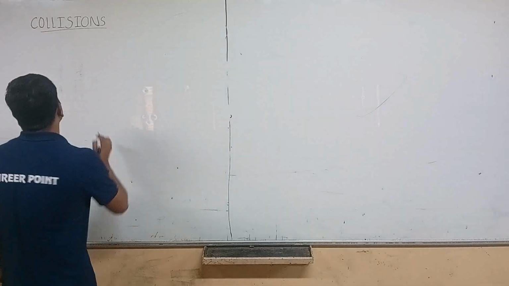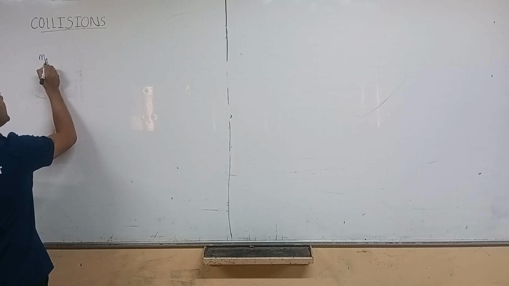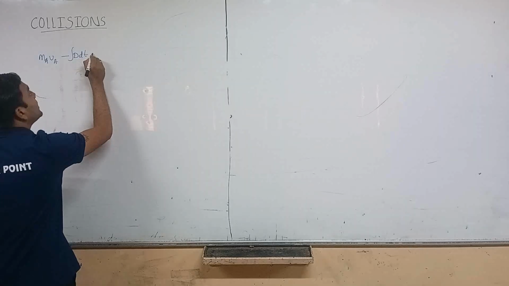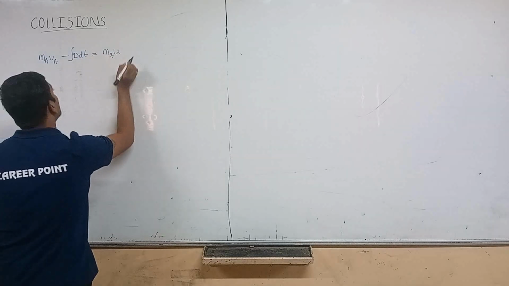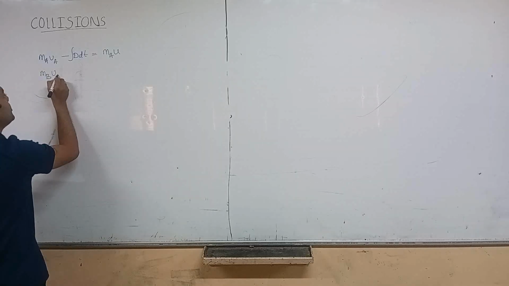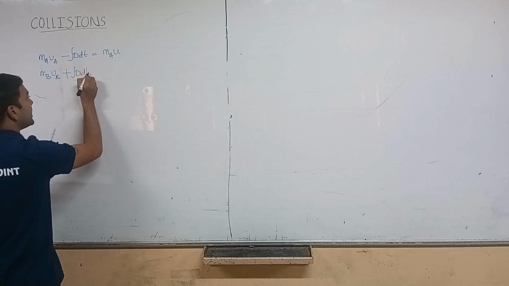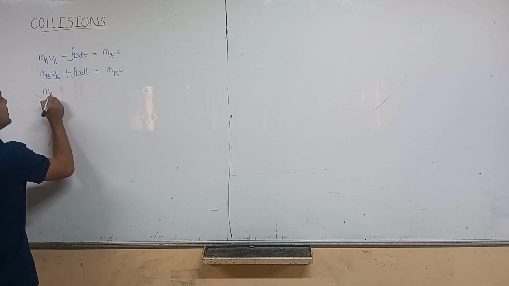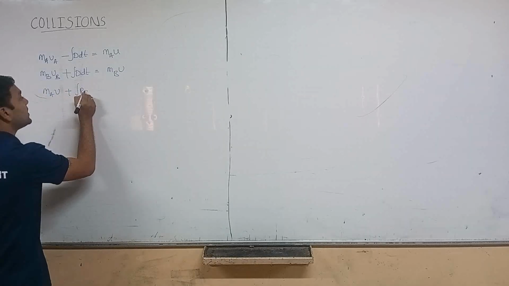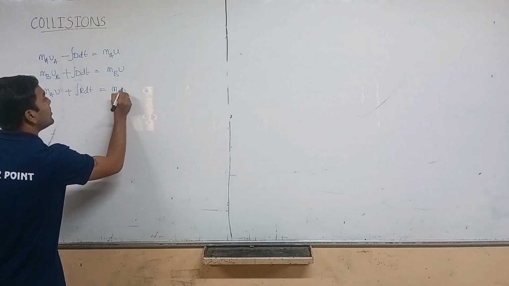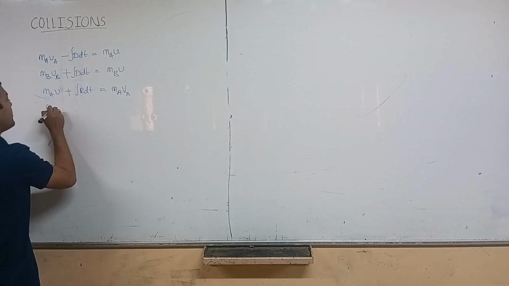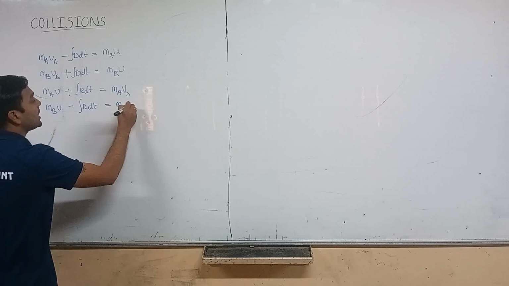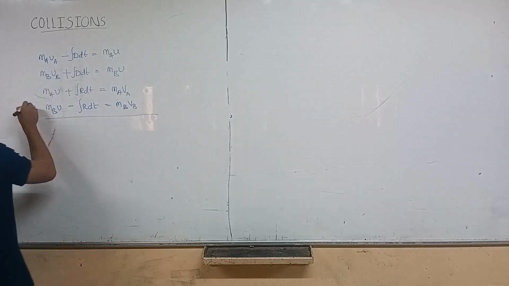The first equation is MAUA minus the integration of deformation momentum equals MAU, and next MBUB plus the integration of dt equals MBU, and next MAU plus the integration of restoring momentum equals MAVA. Next, MBU minus R dt equals MBVB.